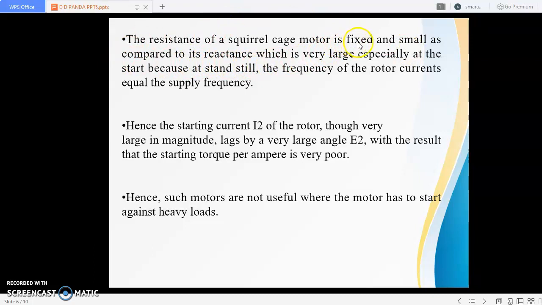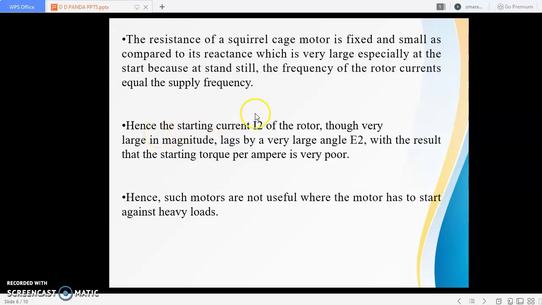For a squirrel cage motor the resistance value is very small when compared to its reactance value at the time of starting. Also note, the frequency of the rotor current equals the supply frequency, because frequency of rotor current equals S into F. If S is 1, then the frequency will be equal to 1 into F, or simply rotor frequency equals system frequency.